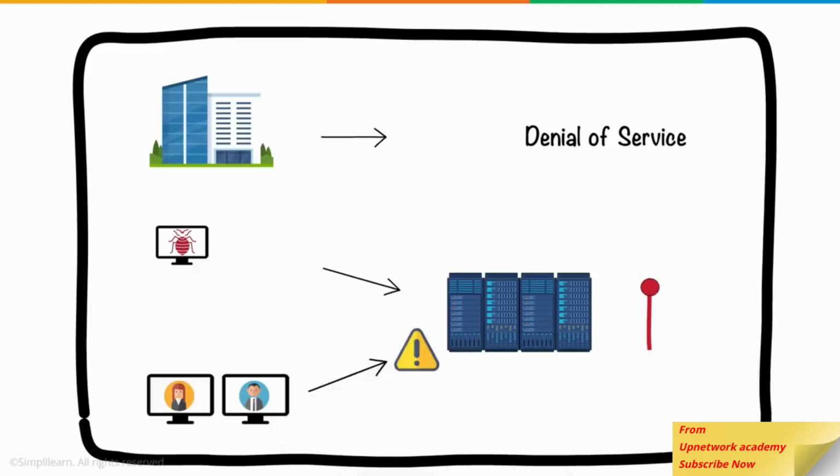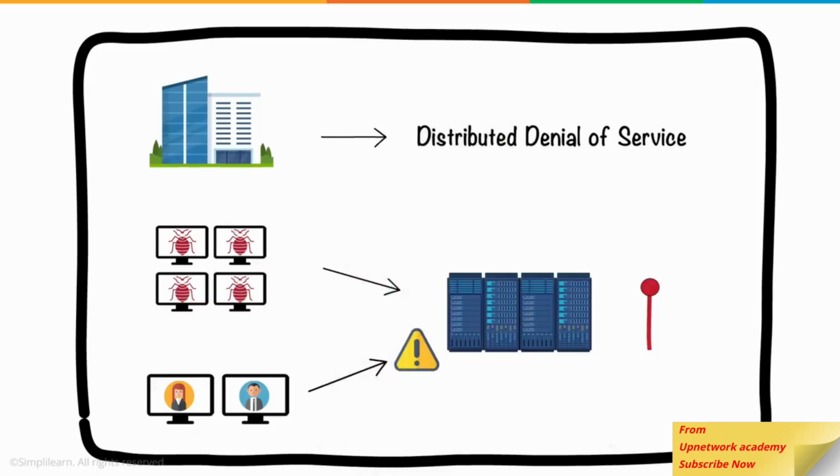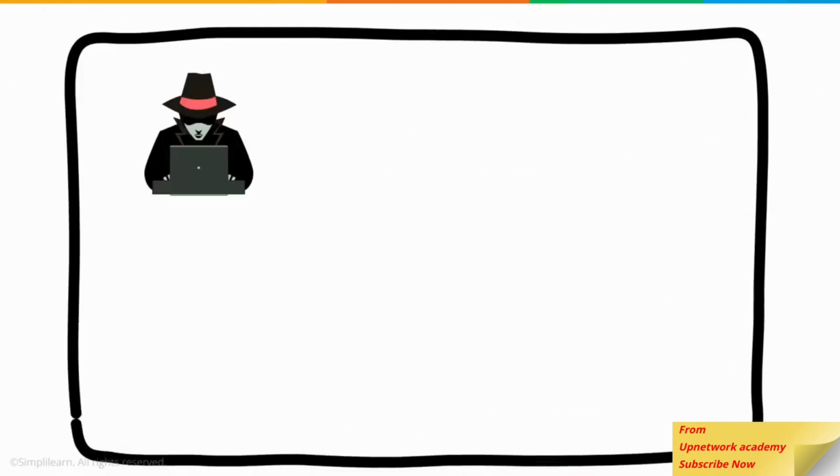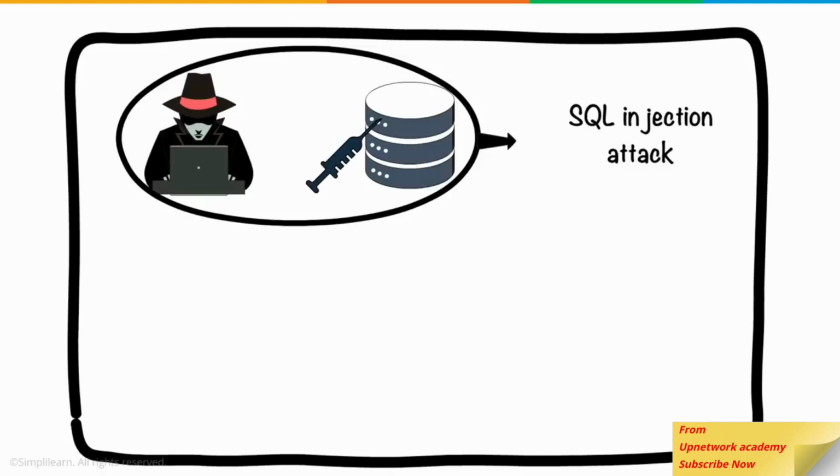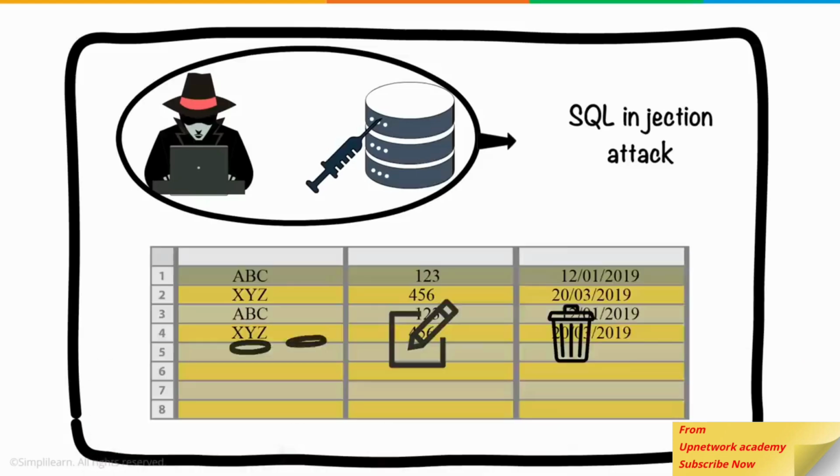A variant of this is the distributed denial of service, DDoS attack, when multiple systems are used to launch the attack. When a hacker manipulates a standard SQL query in a database-driven website, it is known as a SQL injection attack. By doing so, hackers can view, edit, and delete tables from databases.